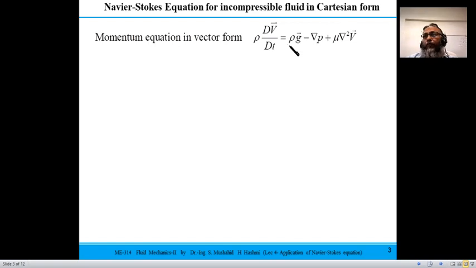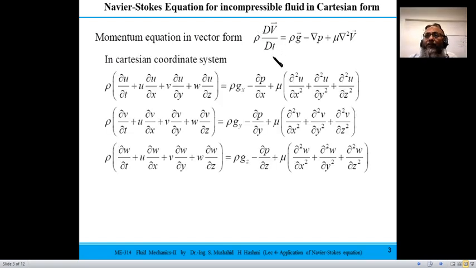This is the body force per unit volume, which in this case includes only the gravitational force per unit volume. This is the pressure force per unit volume, representing a pressure gradient, and the 4th term is the viscous term. So all these 4 terms are not one equation, but 3 sets of equations, and we call them momentum equations for each component of the velocity.